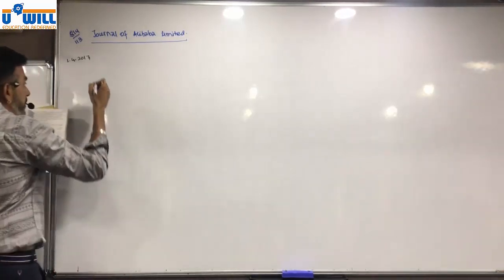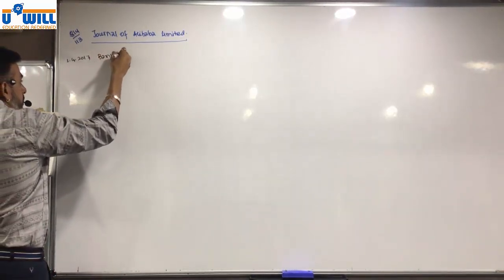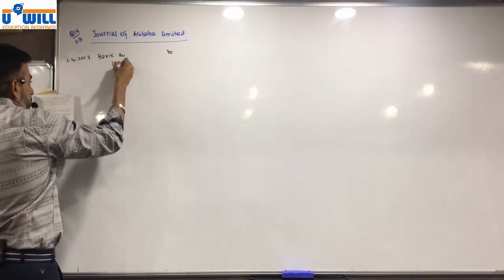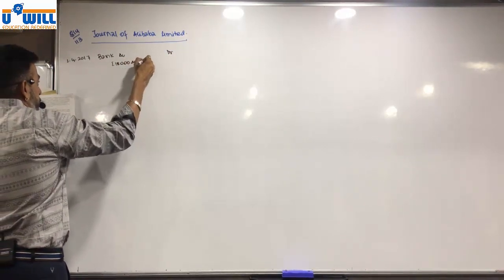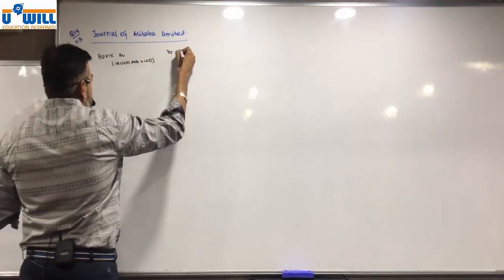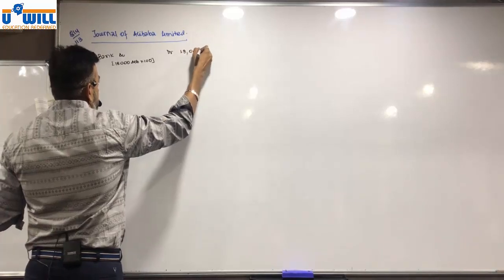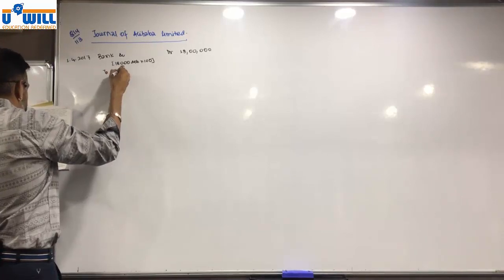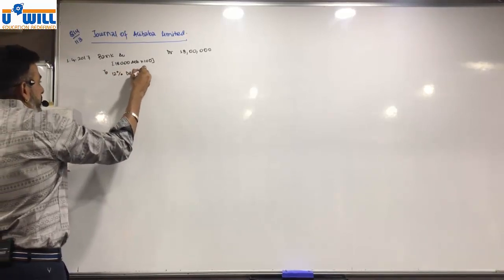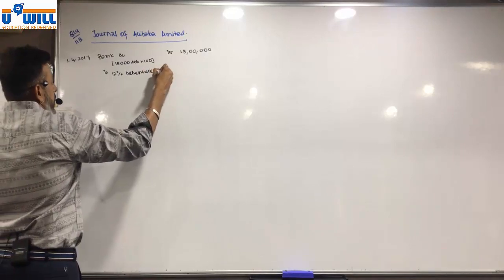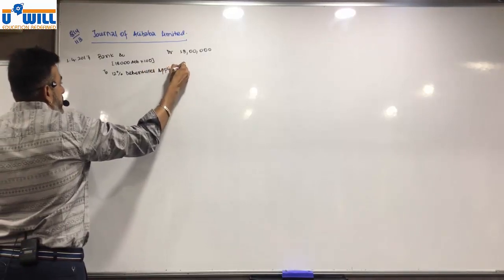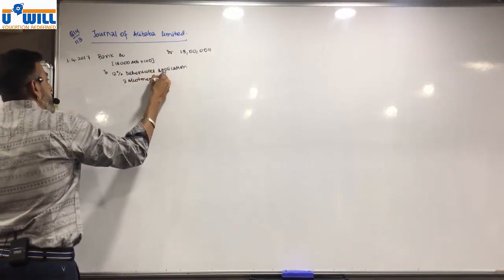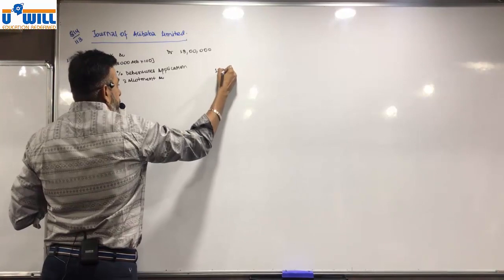So, bank account debit 18,000 into 100, 18 lakhs, to 12% debentures application and allotment account 18 lakhs.